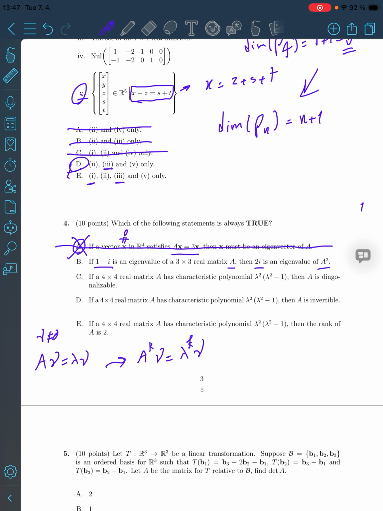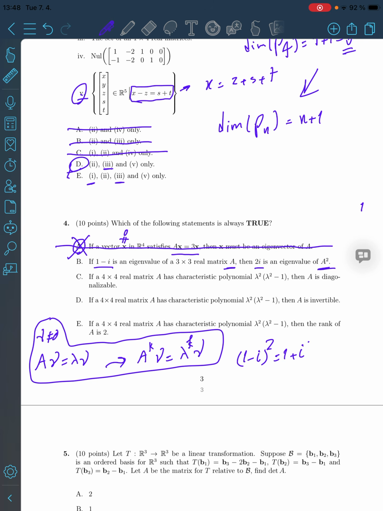This is a hint you should always remember. Here we know that 1 minus i is the eigenvalue for A. Therefore the eigenvalue for A squared is going to be (1 minus i) squared, which is equal to 1 plus i squared minus 2i. So this and this cancel out, and therefore you have negative 2i. Therefore negative 2i is going to be an eigenvalue.